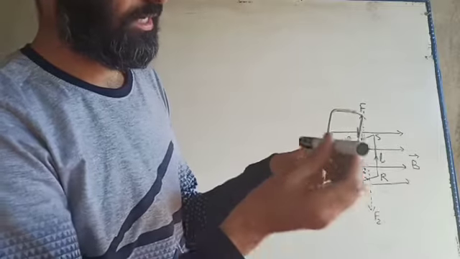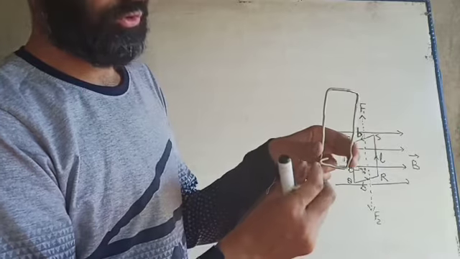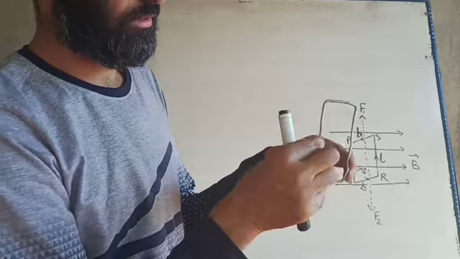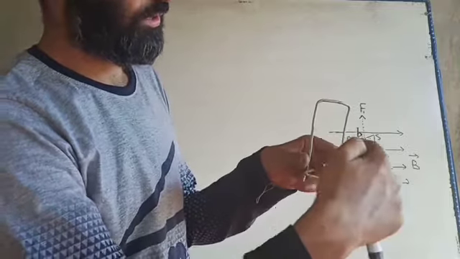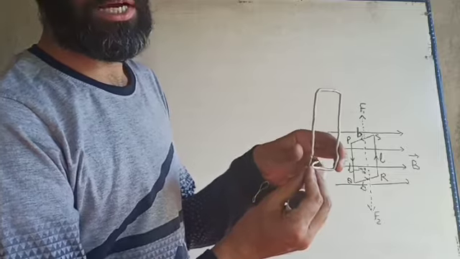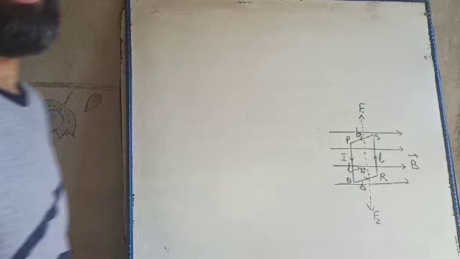This is one line and this is the next line, so they will make the loop rotate. This force will bring it forward, and this force will bring it backwards, so it will rotate like this.